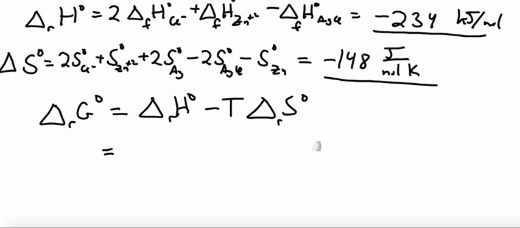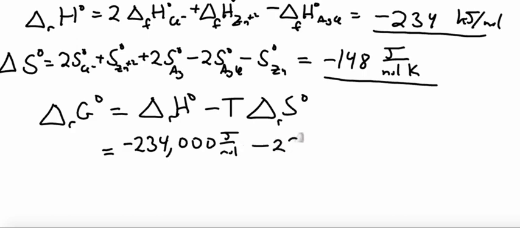So we've got negative 234,000, because these were kilojoules, joules per mole, minus 298 kelvins times our delta S, which was a negative 148 joules per mole per Kelvin.